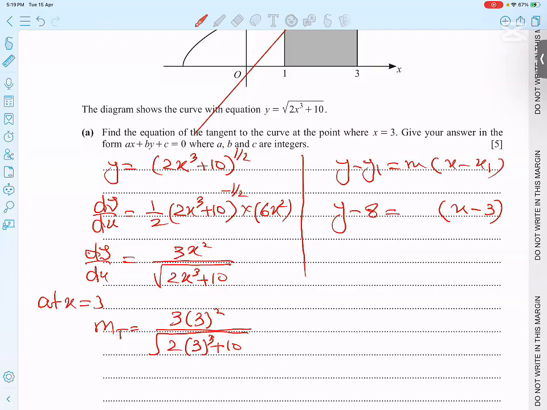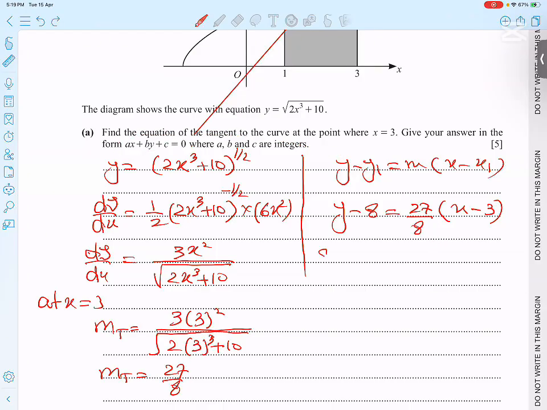If I replace in the numerator, I got 27, and in the denominator, I got the square root of 2 into 27 plus 10, which is 8. So I got 27 over 8. I plug it in here, but he said to convert into this format. So 27 by 8 is done.